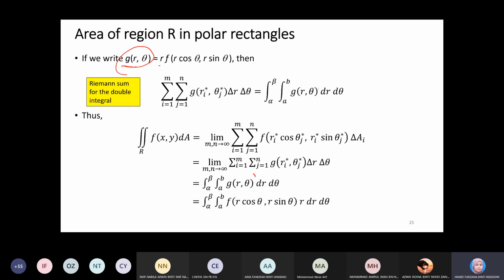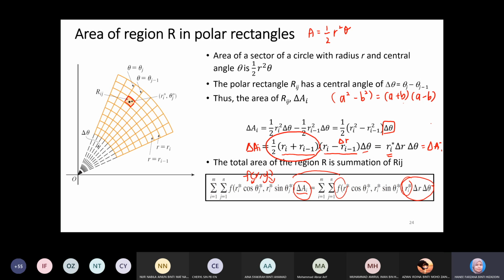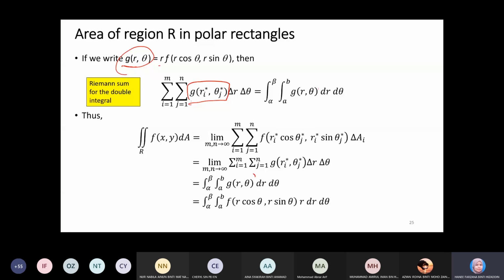You just convert the Riemann sum for the double integral into an analytical integral from a to b and from alpha to beta, respectively, dr d theta.